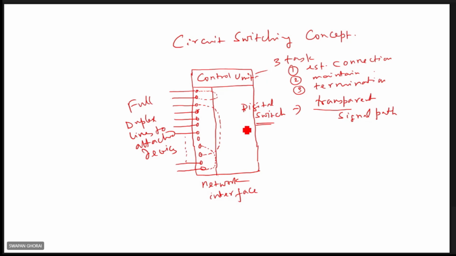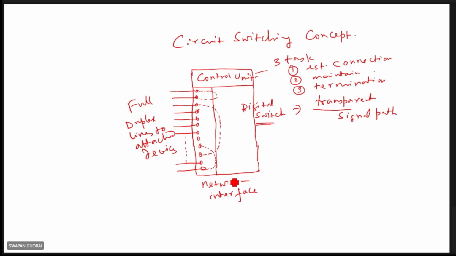So the function of the digital switch is to provide a transparent signal path between any pair of attached devices. Transparent in the sense that there is a direct connection between the devices.